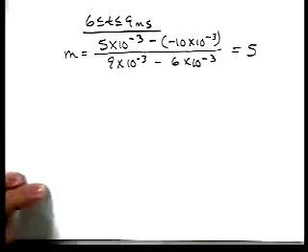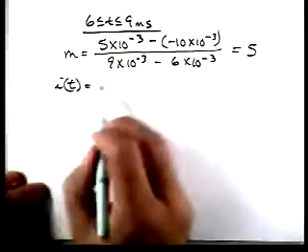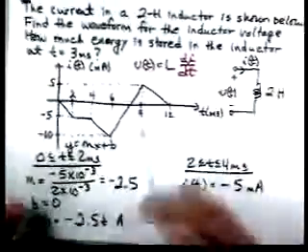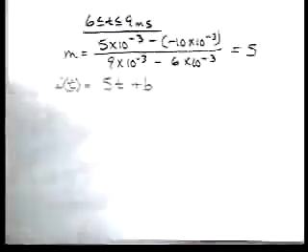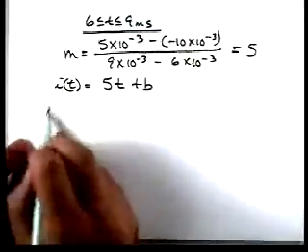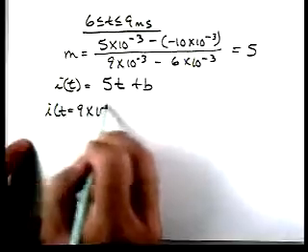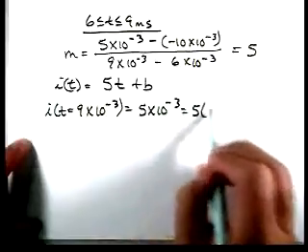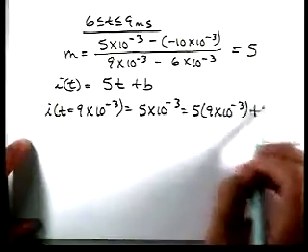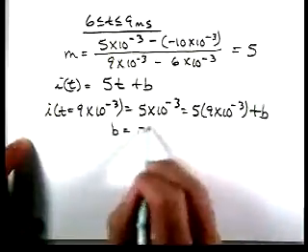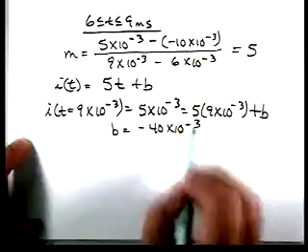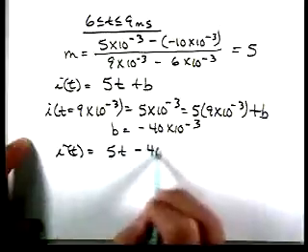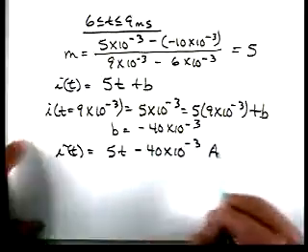Our slope is 5, so our waveform is 5t plus b. Now we have to find the y-intercept, and we can see at 9 milliseconds the current is 5 milliamps. And b turns out to be minus 40 times 10 to the minus 3, so our current waveform over this interval is 5t minus 40 times 10 to the minus 3 amps.